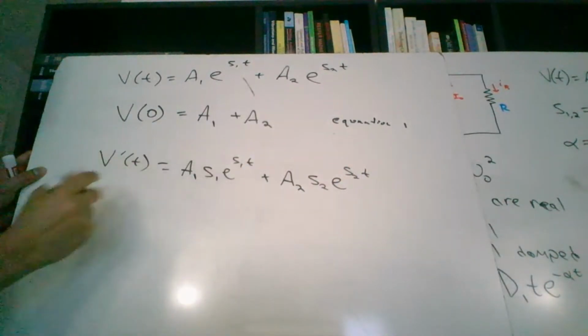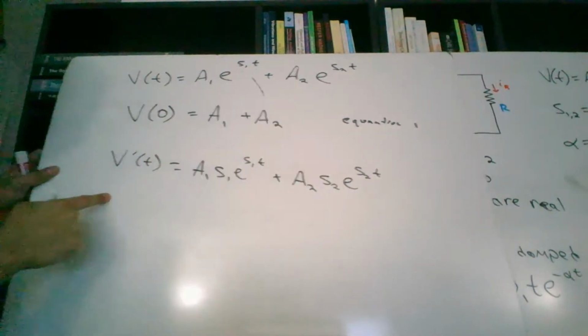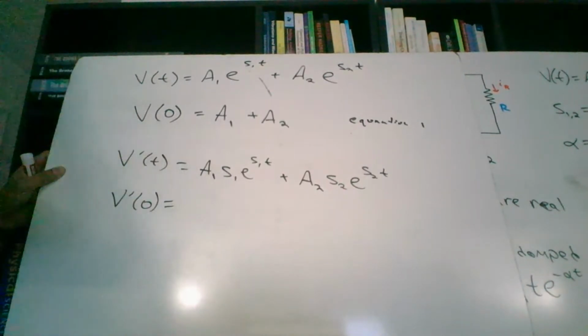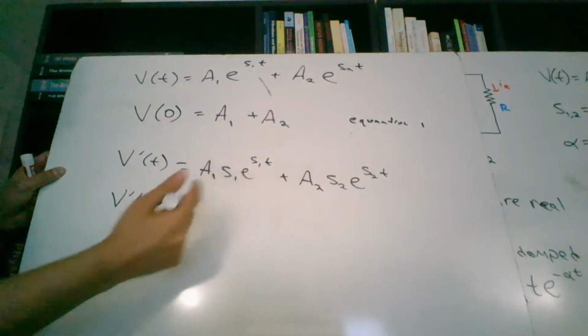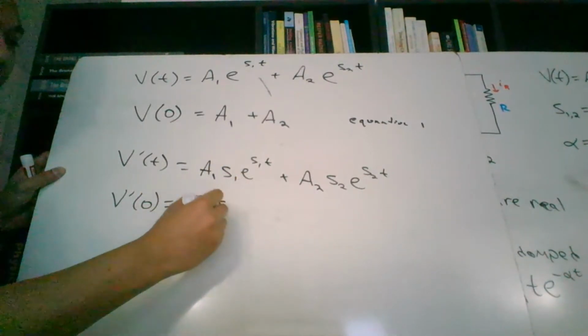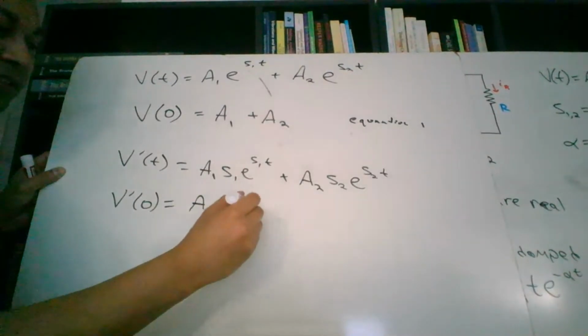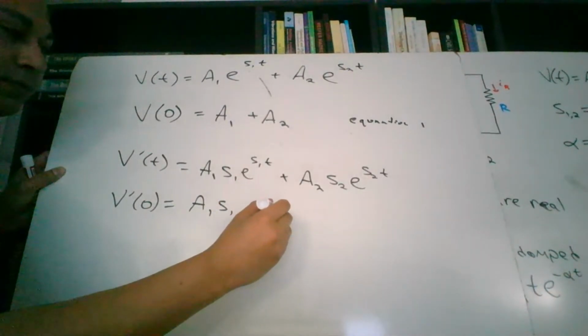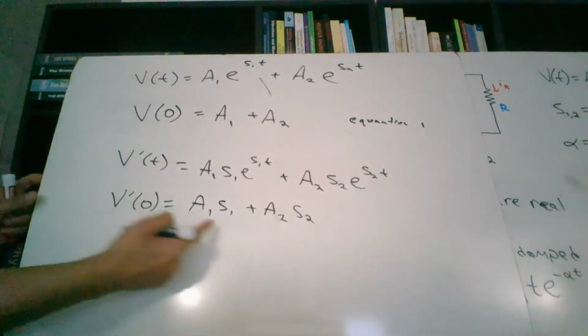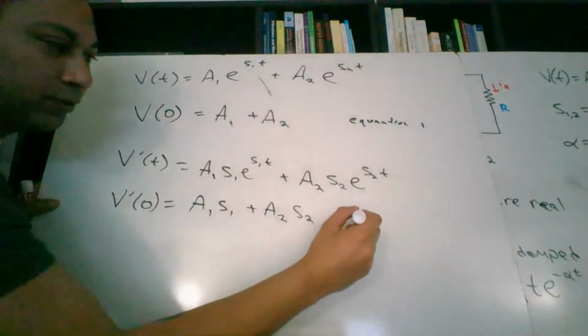And in here, we can take the initial condition again. So that'll be v prime of 0. And so when you plug in here for 0, again, this term would go to 1, and you get A1 S1 plus A2 S2. So you have two equations. This is equation 2.